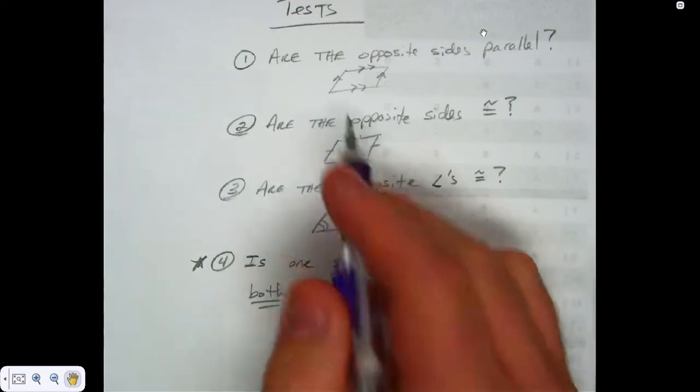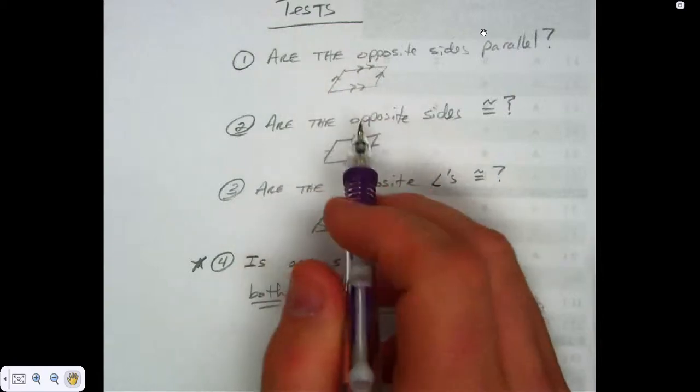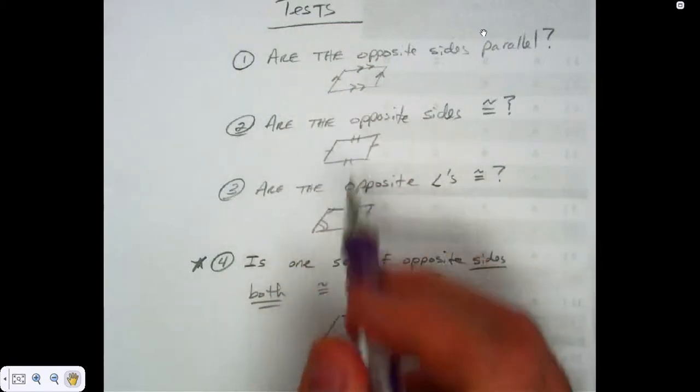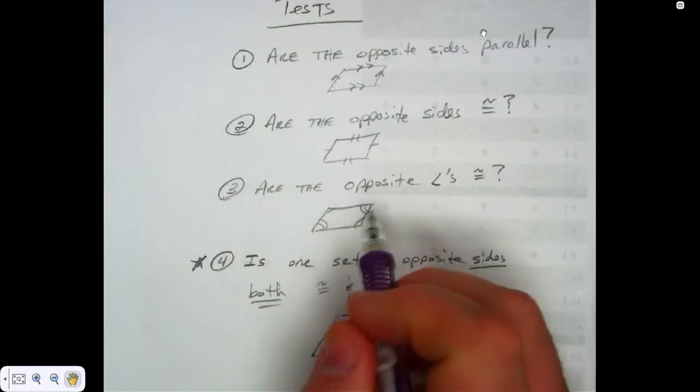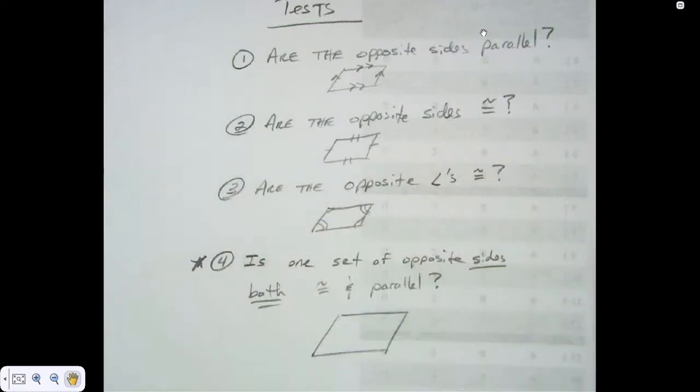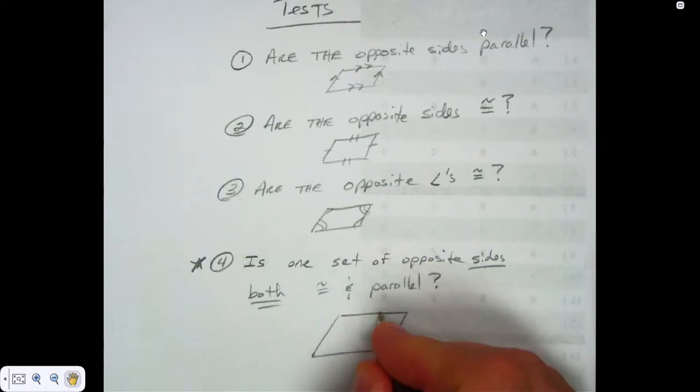Each other time I was talking about two sets: either two sets of sides being parallel, two sets of sides being what? Congruent, two sets of opposite angles being what? Congruent. So what do you think this means? Just one set of opposite sides being both what?